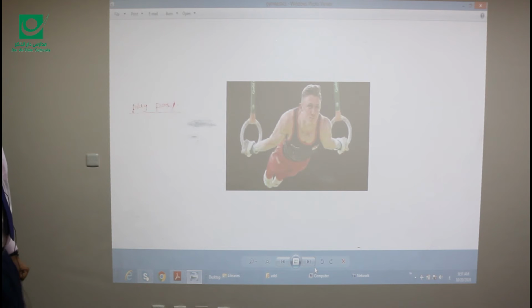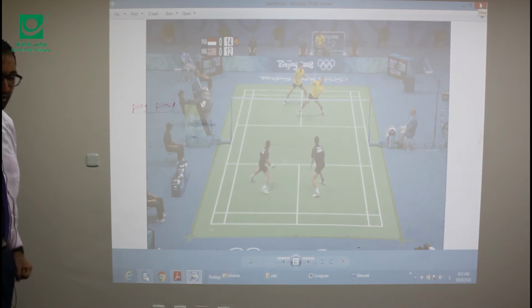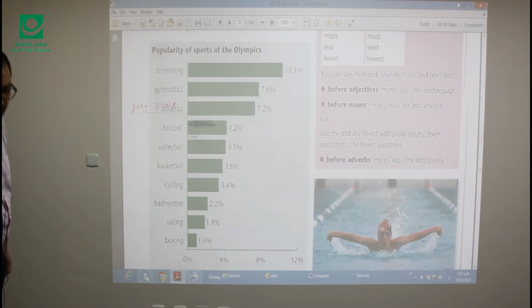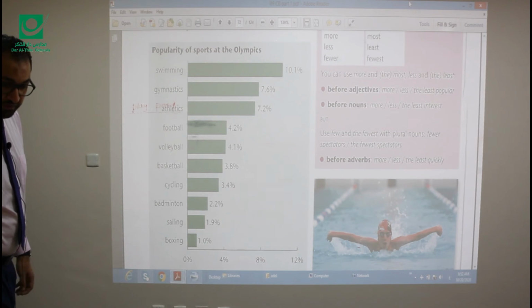It starts with G. Thank you, it is gymnastics. So badminton and gymnastics would be the newest for all of us. We all know cycling, basketball, volleyball, and the others.